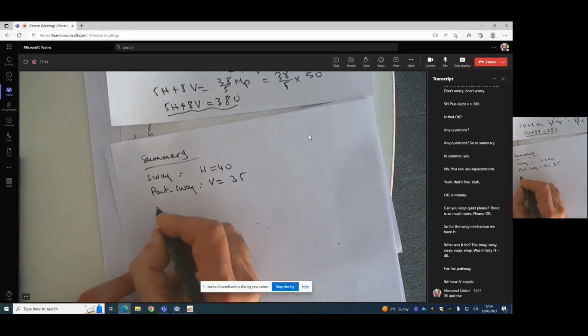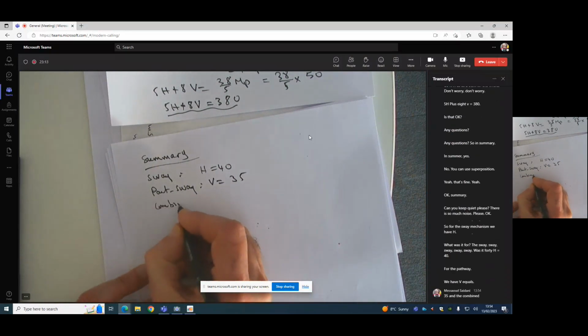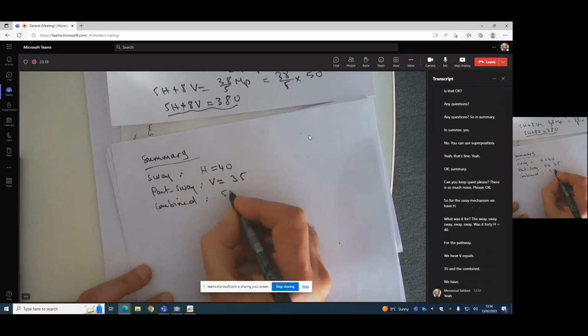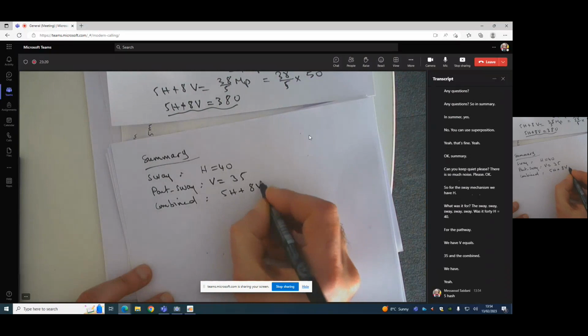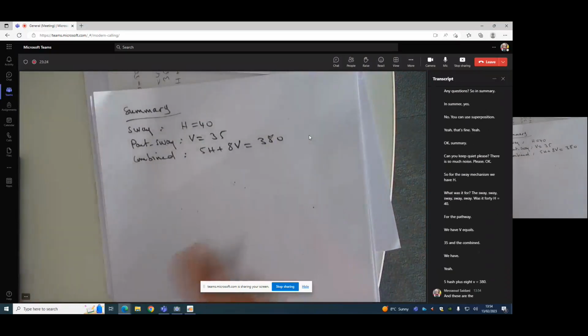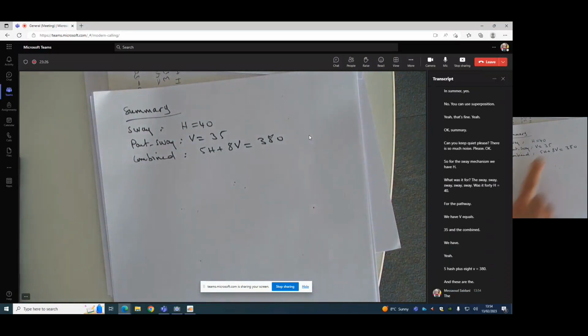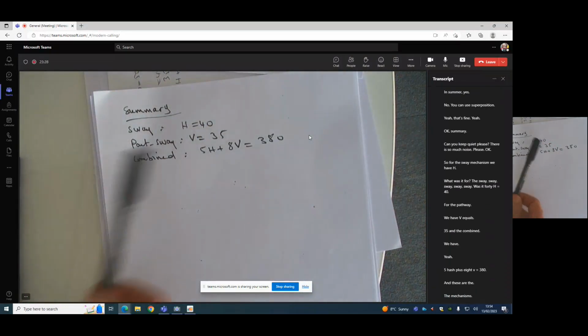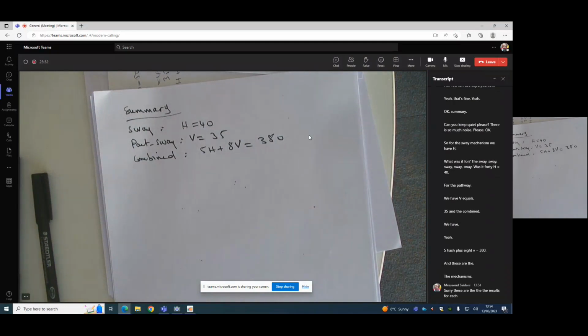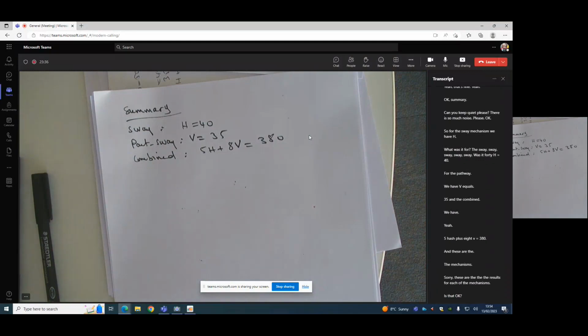And the combined, we have 5H plus 8V equals 380. And these are the results for each of the mechanisms. Is that okay? Yeah. Okay.